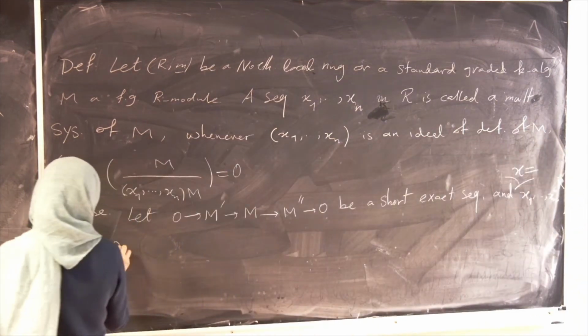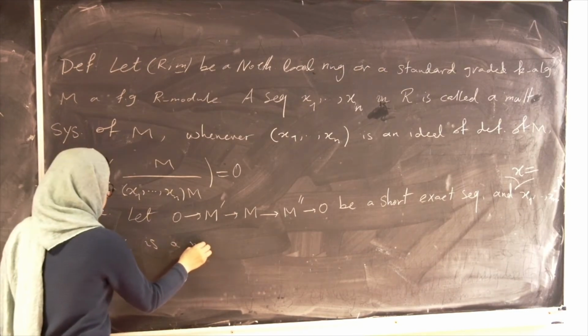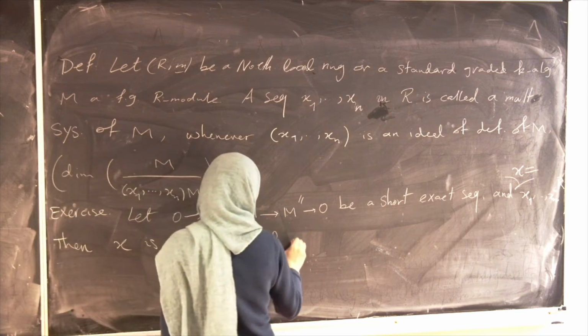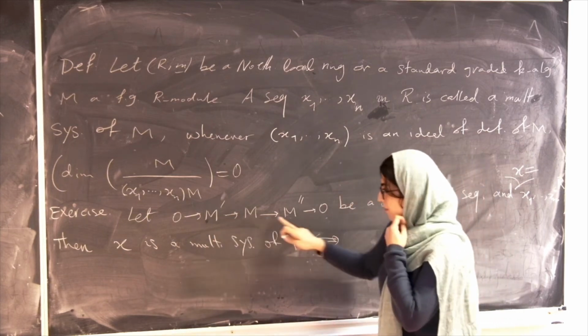Then show that x is a multiplicity system of M if and only if it is a multiplicity system for both M prime and M second.